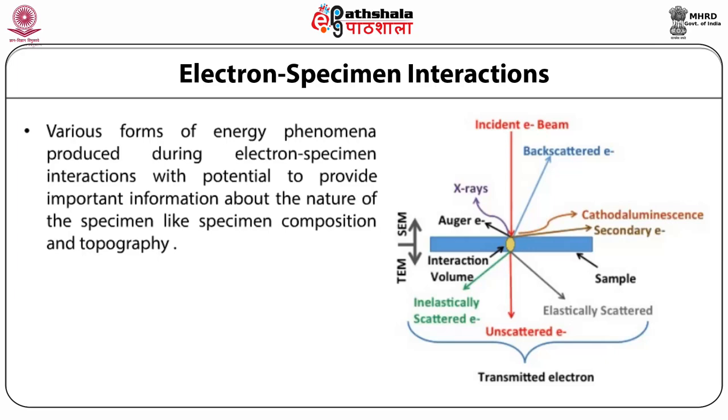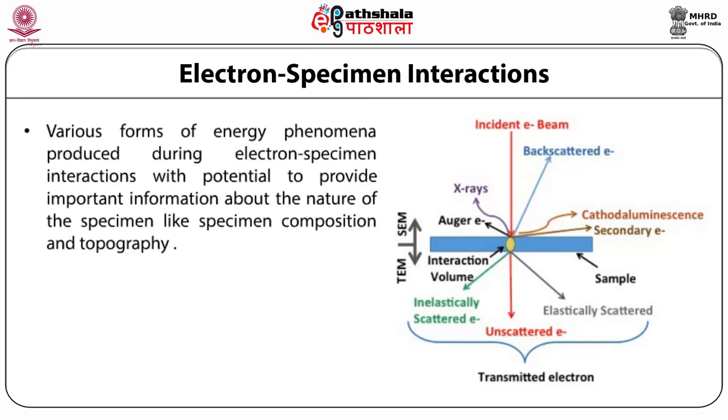When an electron hits a material, different interactions can occur as summarized in the figure below. The electron-specimen interactions can provide information about the specimen composition, topography, crystallography, electrical potential, and local magnetic fields.